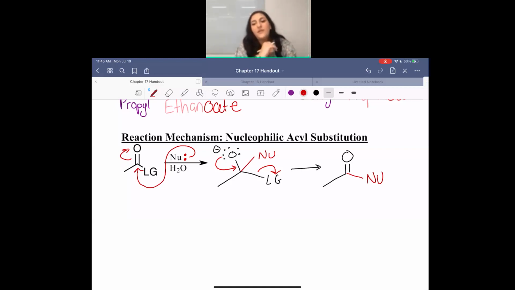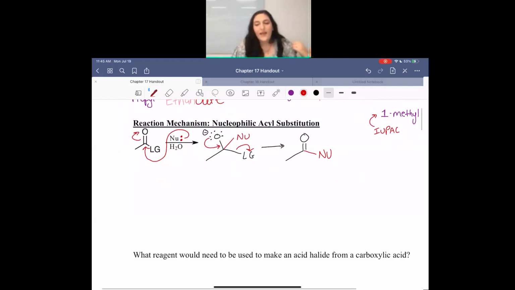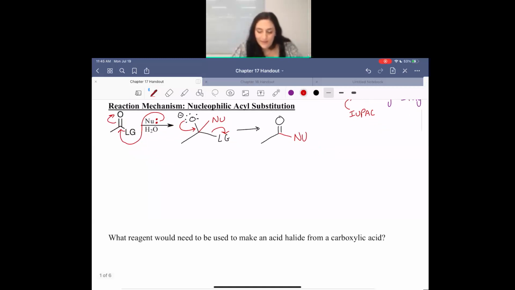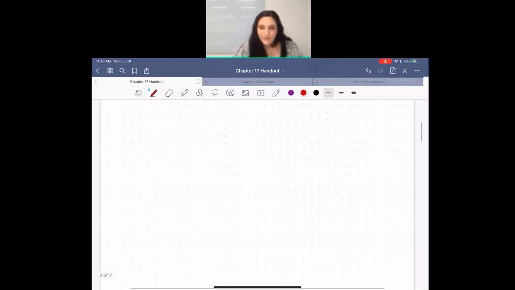Okay, if not, I'm going to do one long reaction mechanism where I do all the steps, and then from now on we're going to do it the shortcut way, which I personally love. Let me actually make a brand new page.